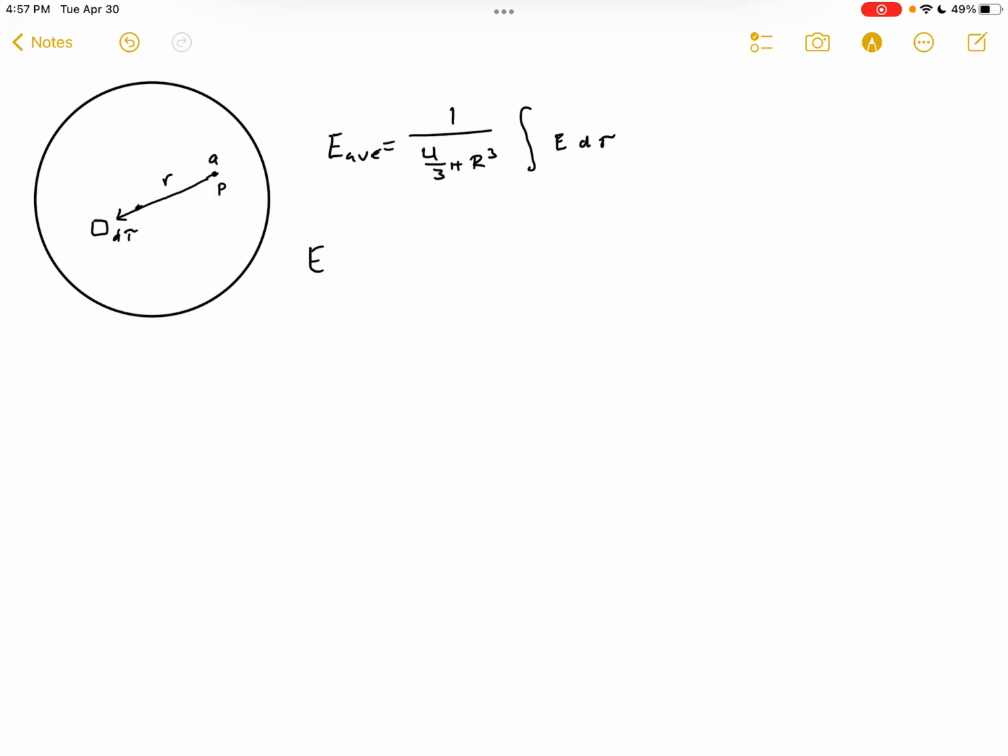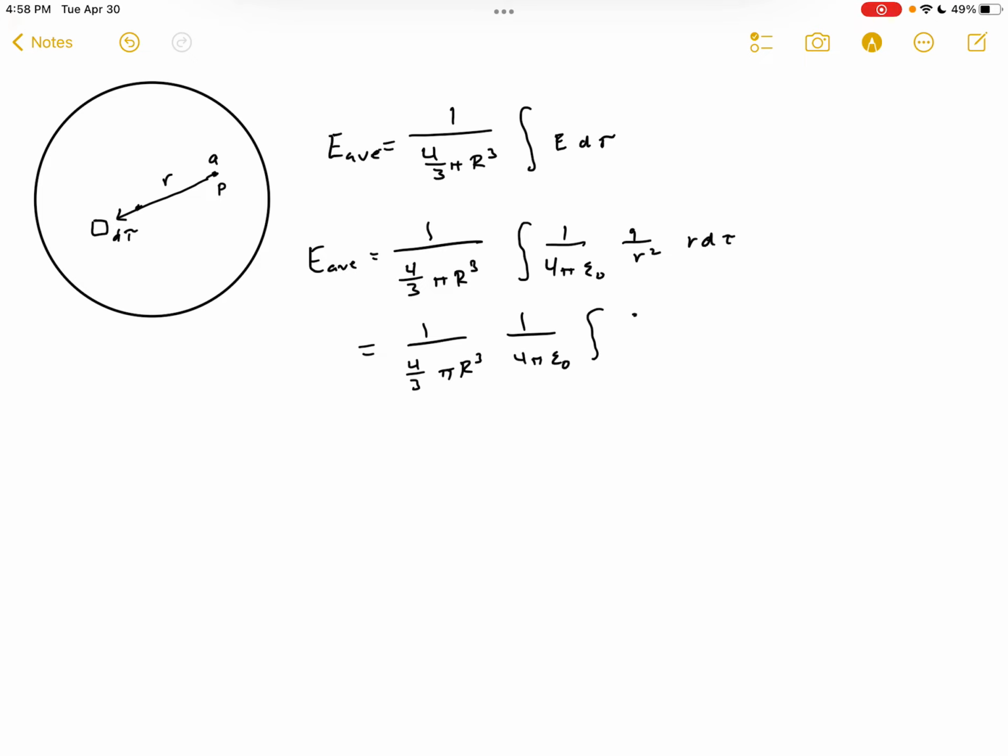So E average is equal to 1 over 4/3 pi R cubed times the integral of 1 over 4 pi epsilon naught, q over r squared r-hat d tau, which then equals, you pull the constants out, 1 over 4/3 pi R cubed, 1 over 4 pi epsilon naught, q over r squared r-hat d tau.